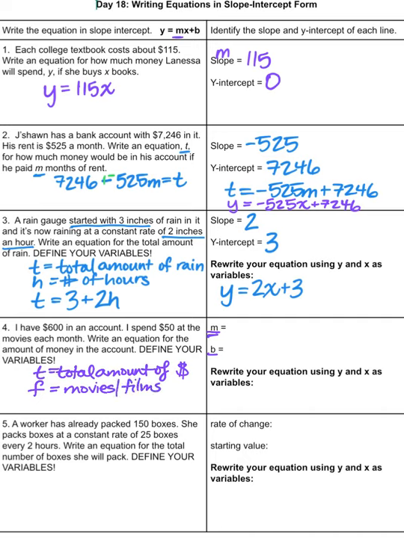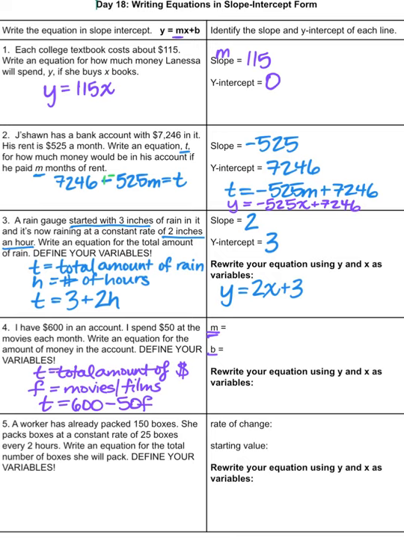Okay. So I start with $600. So my total starts with $600. If I'm spending the money, that means I am losing that money from the account. That's 50, and I do that for each movie or film, F. So I have T equals 600 minus 50F.